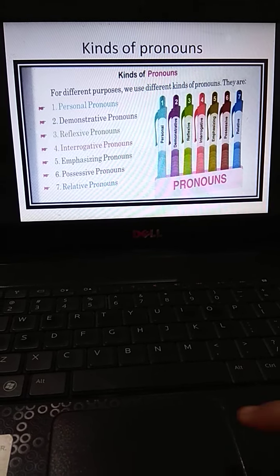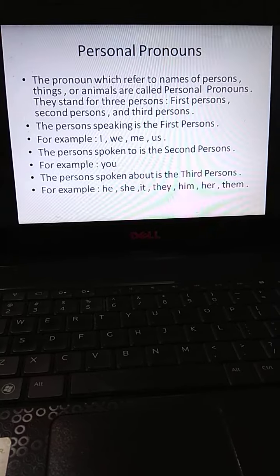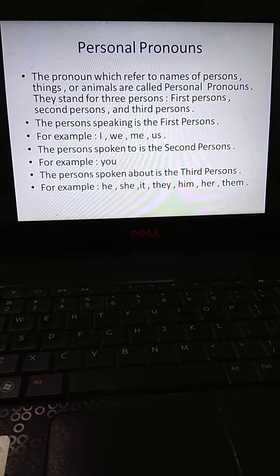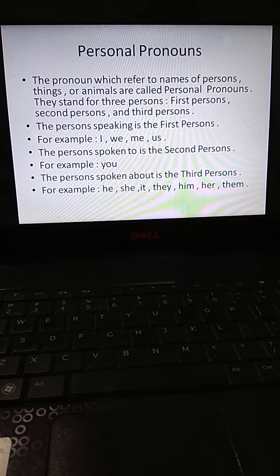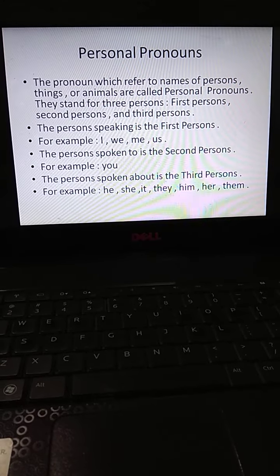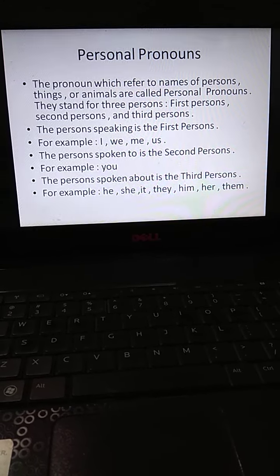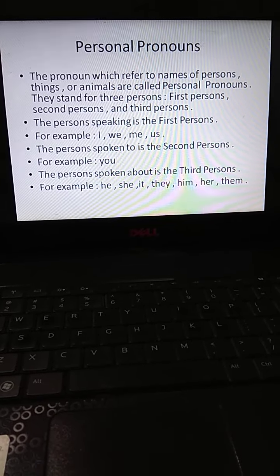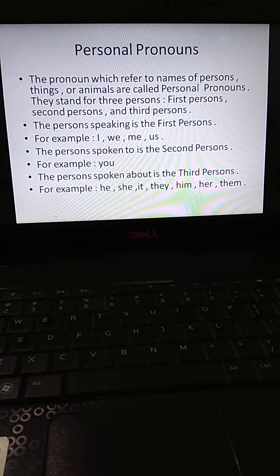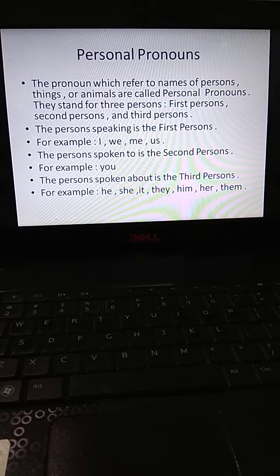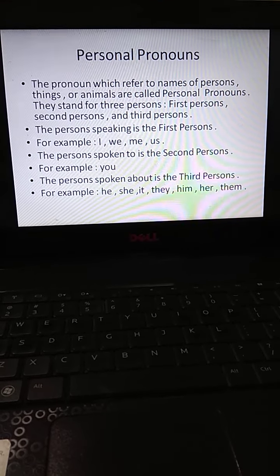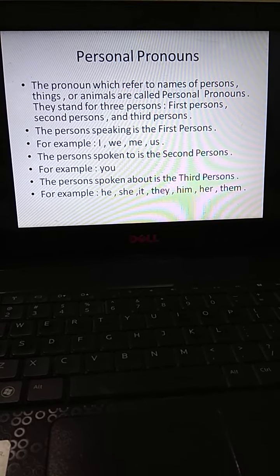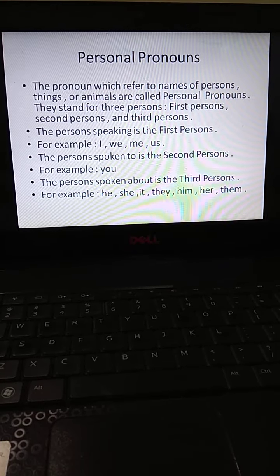So first, personal pronouns. The pronouns which refer to names of persons, things, or animals are called personal pronouns. They stand for three persons: first person, second person, and third person.